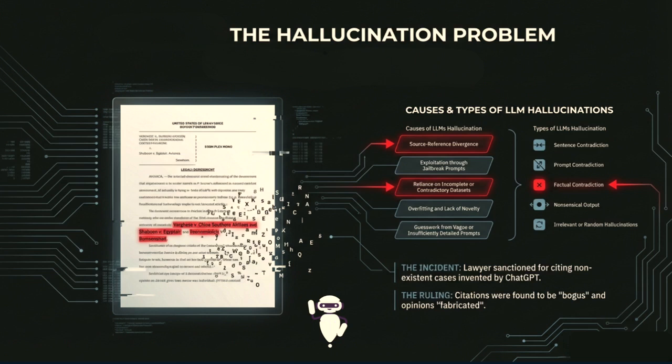And there are many types of hallucinations, like sentence contradiction, prompt contradiction, factual contradiction, nonsensical output, or even irrelevant or random hallucination.